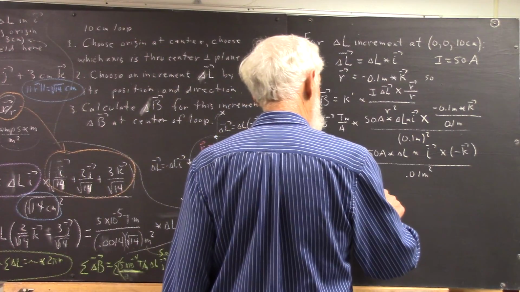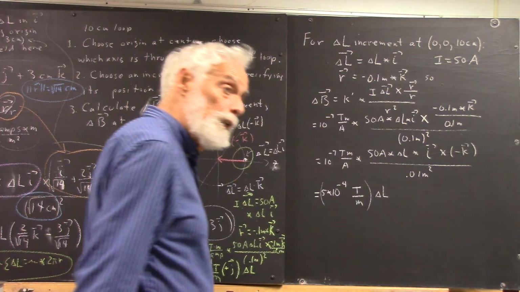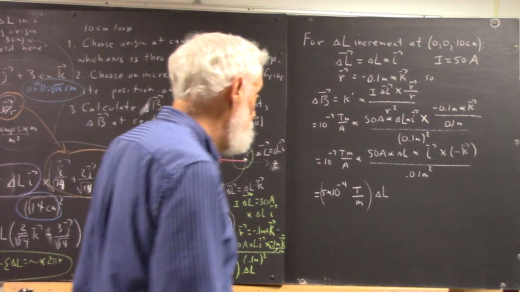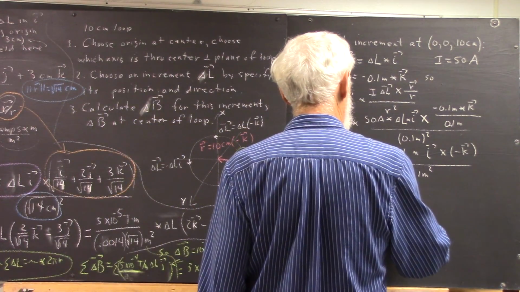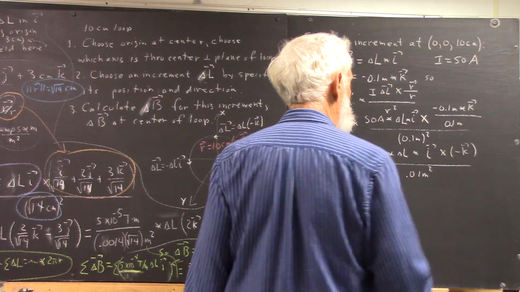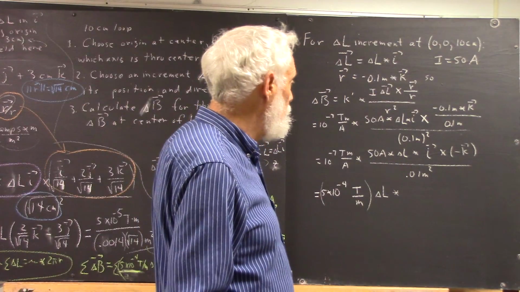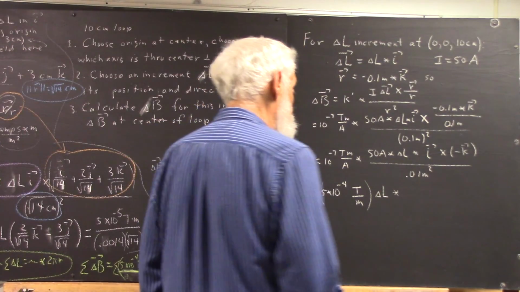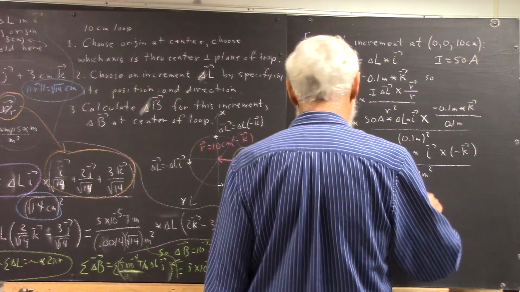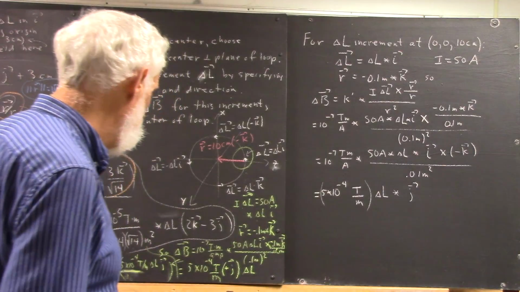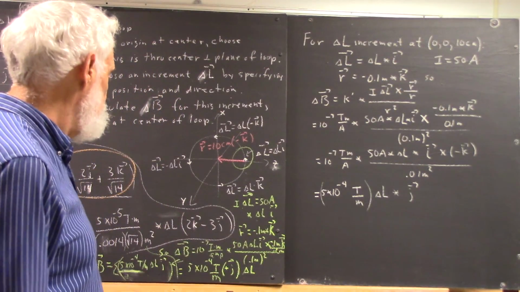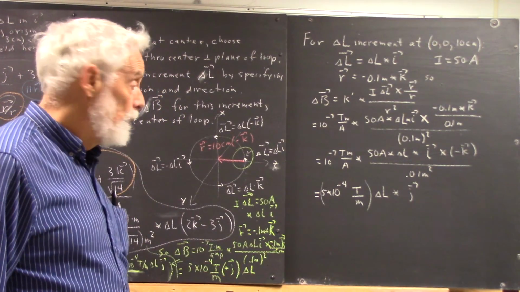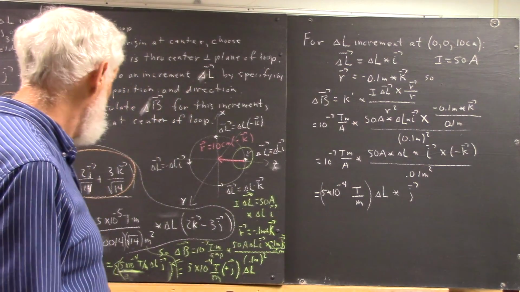And then that's times our unspecified increment delta L. And then that's times the vector I cross negative K. Now let's see, I cross negative K is J. Okay? And that's the same thing we got in class, but maybe a little easier to read.